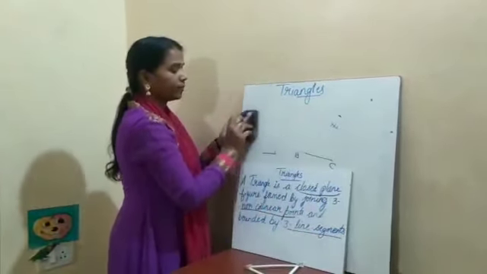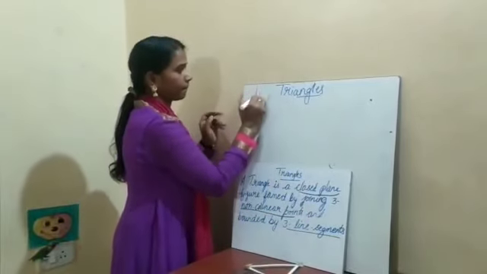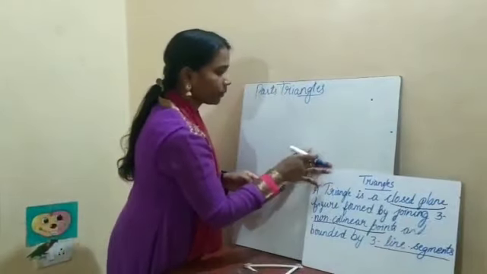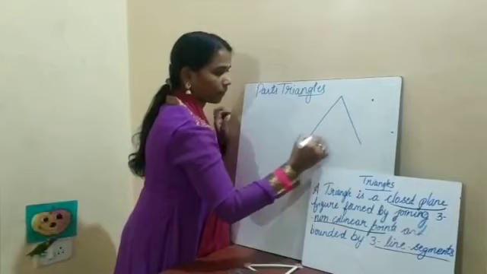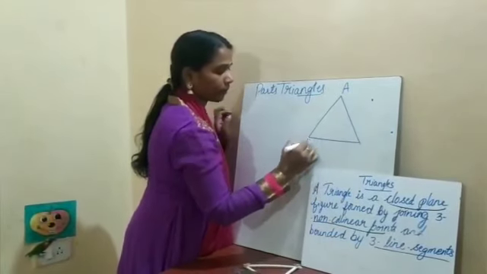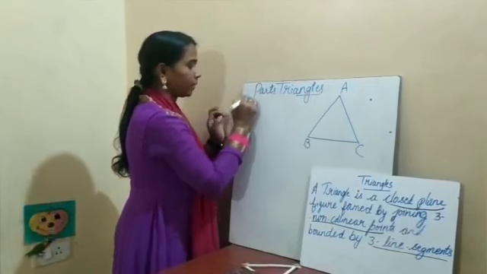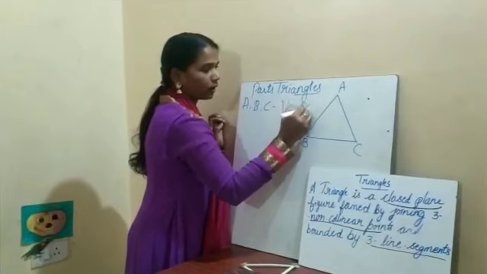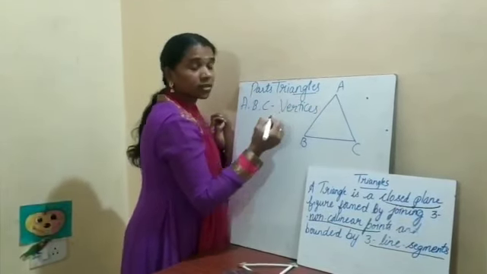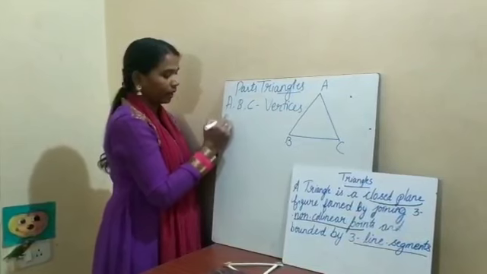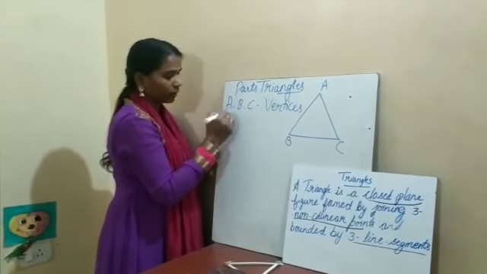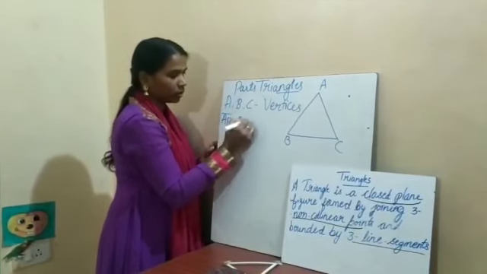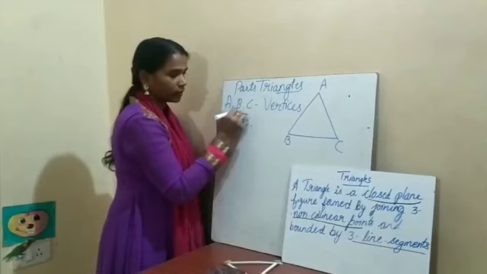Now we are discussing the parts of a triangle. I will draw this figure once again. This is A, B and C. These A, B and C are the vertices or the points, and vertices is the plural form of vertex. For AB, you have to write a dash above it, and above BC also a line, which indicates it is a line segment.